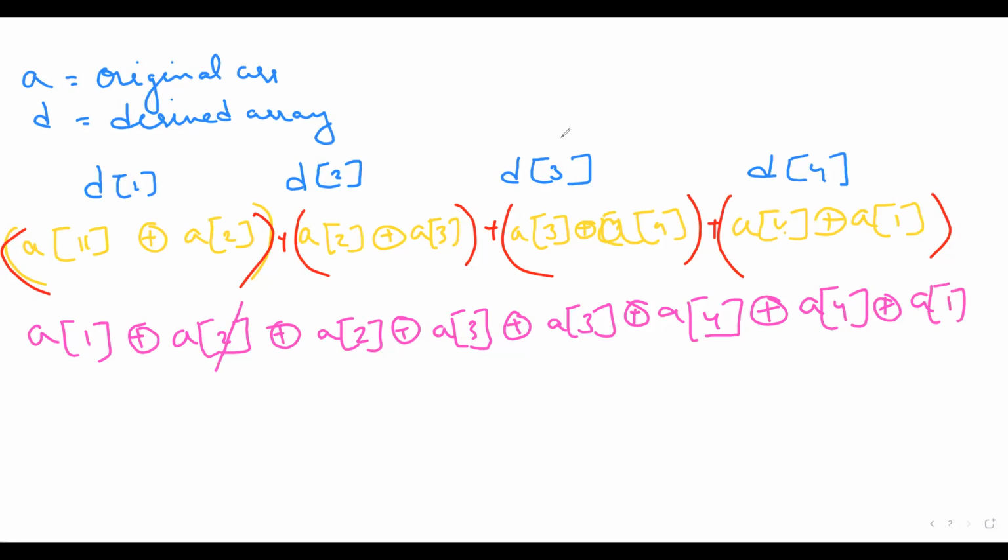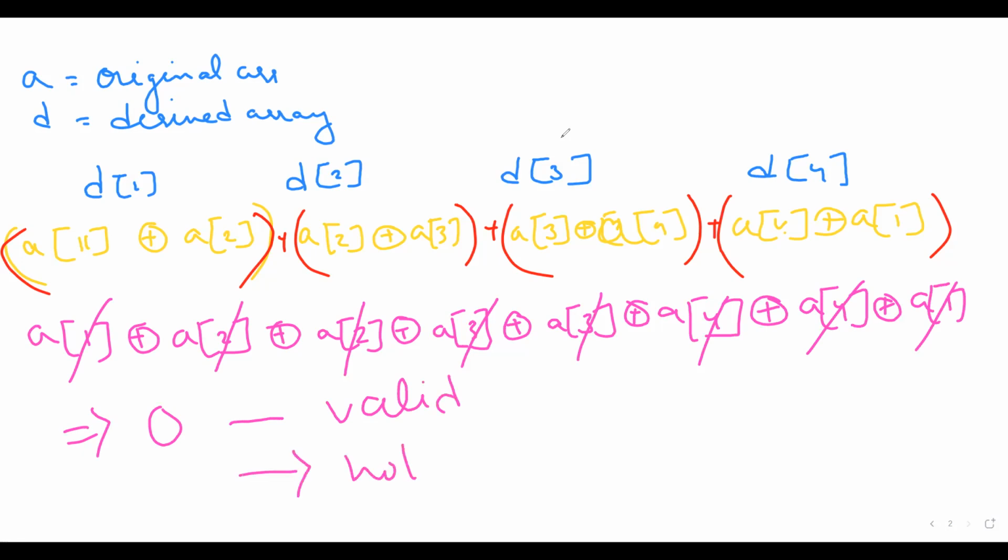So you will see 2 is getting cancelled out, 3 is getting cancelled out, 4 is getting cancelled out, and 1 is getting cancelled out, giving 0. So whatever the derived array is, we do the XOR of the entire array, and if we get 0 as the answer, then it's a valid binary array, otherwise it's not valid. For 1 it won't be valid.